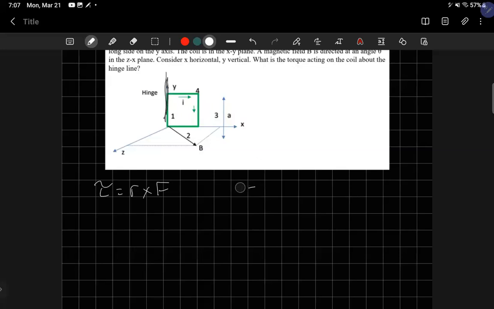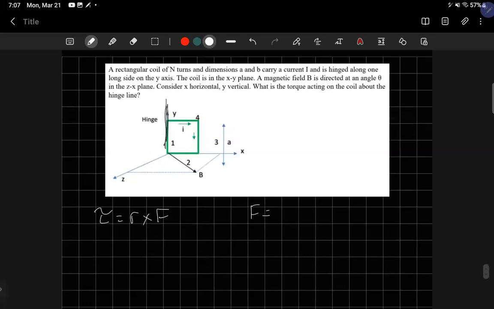Force is going to be, let's see, we have current, we have length and height, and we have a B. It says current I, and it says rectangle, so it does not give me the dimensions.